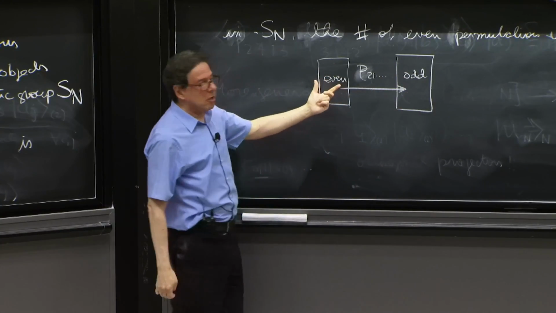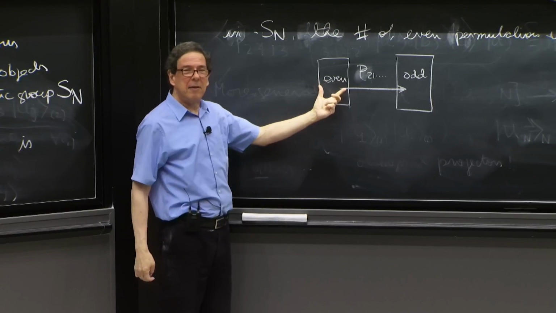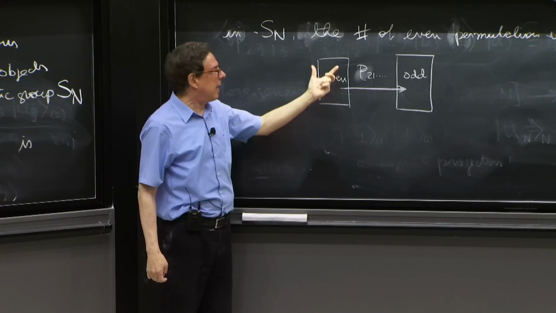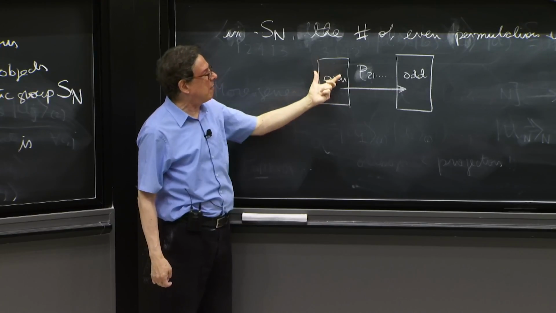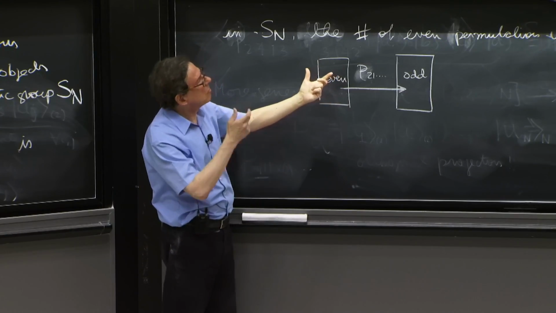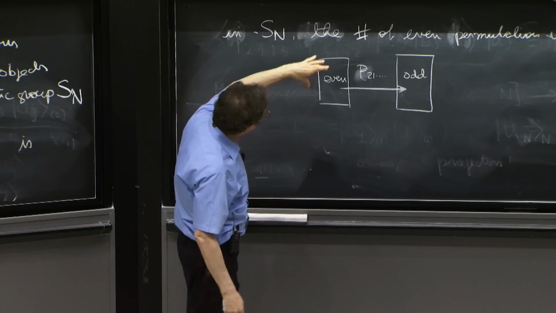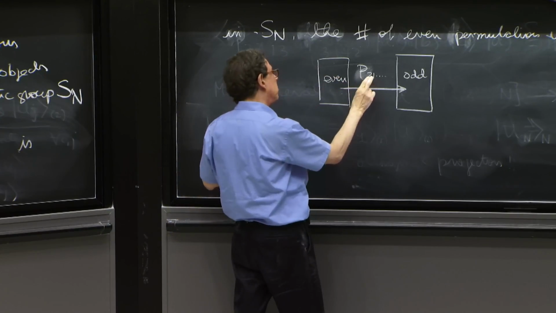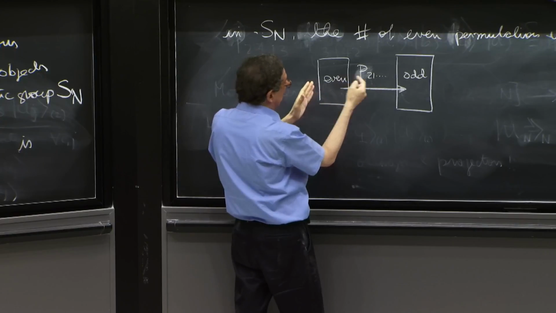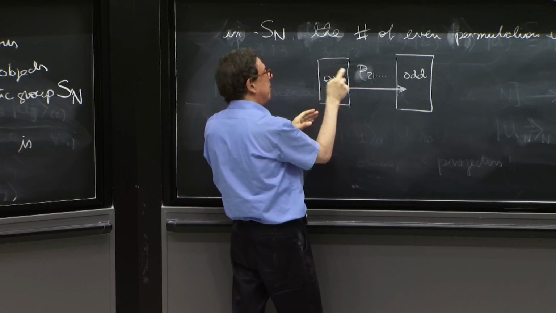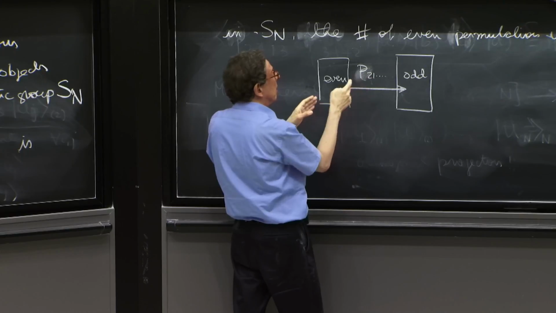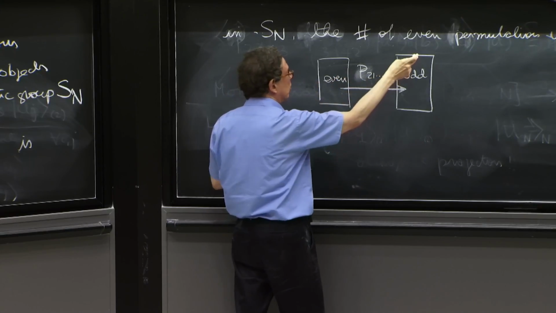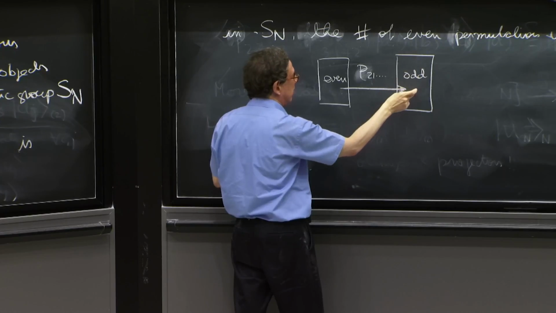Why? Because if you have an even permutation here, any element here has an even number of transpositions. So this is another transposition. It transposes 2 and 1. So when you multiply an element here by P21, if it has an even number of transpositions, now it has an odd one. So it must land somewhere here.